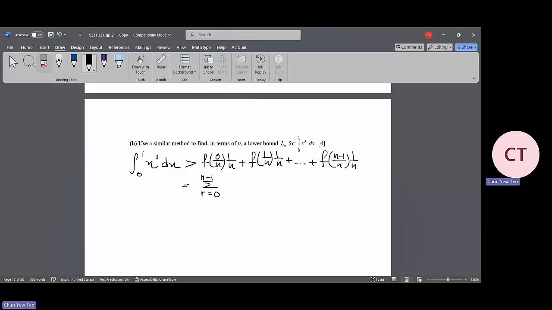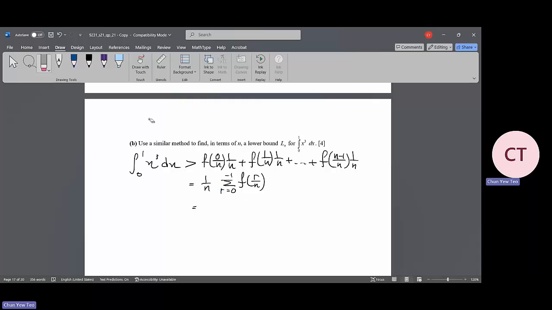Okay, we can factorize the 1 over n out. Because if we want to use a formula, the r must start from 1.